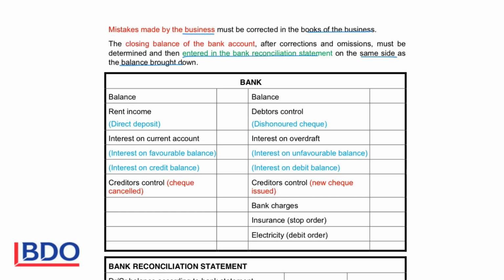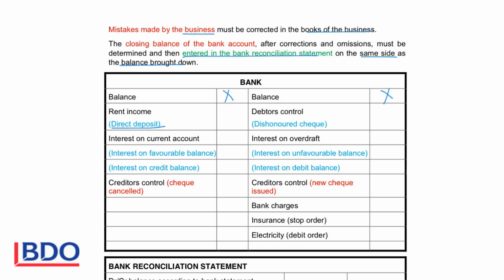So in your bank account, you will have a balance at the beginning of the month, or it can be on the credit side, depending whether they tell you it's a favorable or unfavorable balance. Then all the entries that can still be recorded in the bank can be for a direct deposit, interest, or a check that was cancelled that we issued to a creditor.